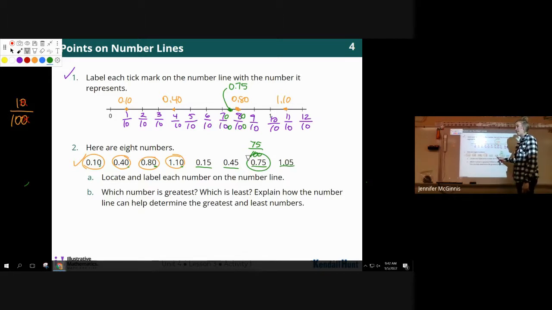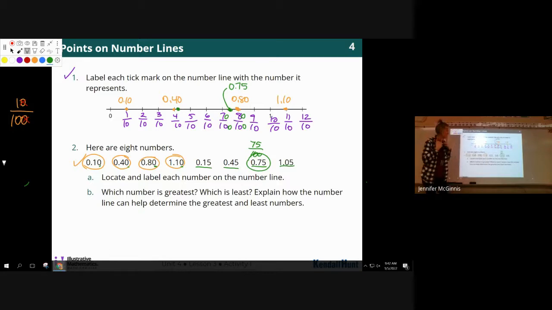0.455 goes between 4 tenths and 5 tenths. How can it go right here? Is that fine? No. Why? Because that's too close to the 40. That would be like 41. So it has to be in the right place.